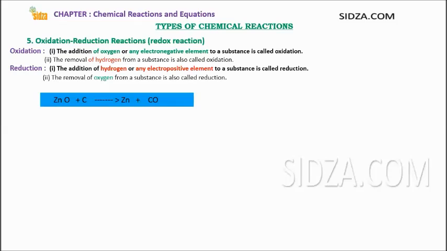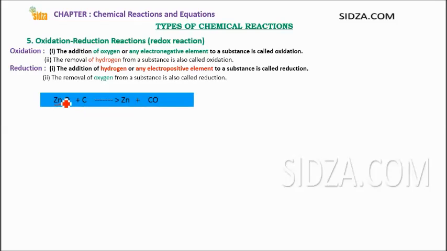Here is one more example of a redox reaction. In this reaction, zinc oxide reacts with carbon and forms zinc and carbon monoxide. What we find here is that oxygen is being lost from the zinc oxide.